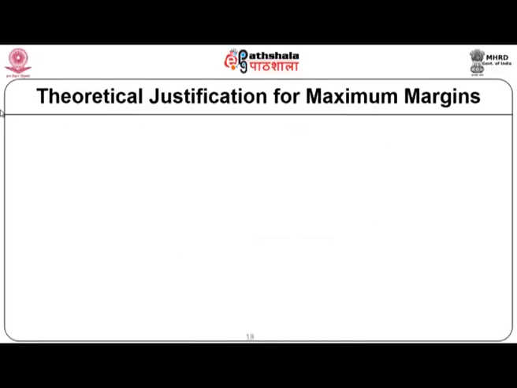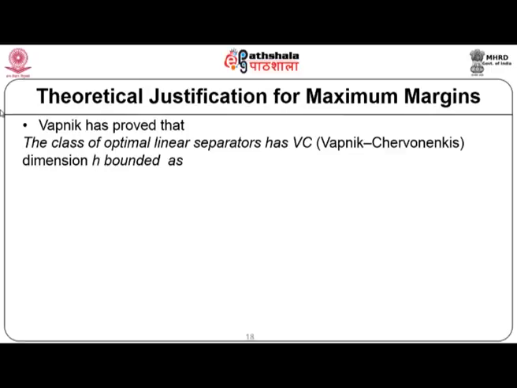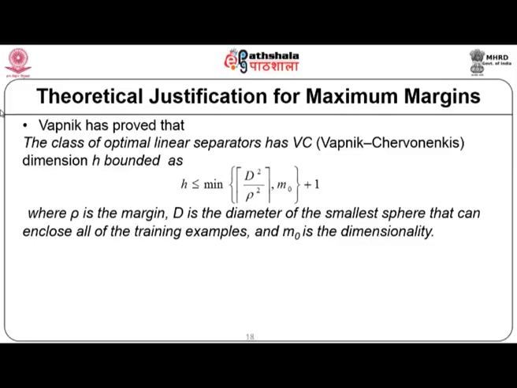Now, what is the theoretical justification for these maximum margins? That is the next question we have to answer. Vapnik, the person who discovered support vector machines in 1992, one of the authors, said that the class of optimal linear separators has VC dimension h, the Vapnik-Chervonikis dimension, bounded as follows: h is less than or equal to the minimum of d squared by rho squared and m0, plus 1.